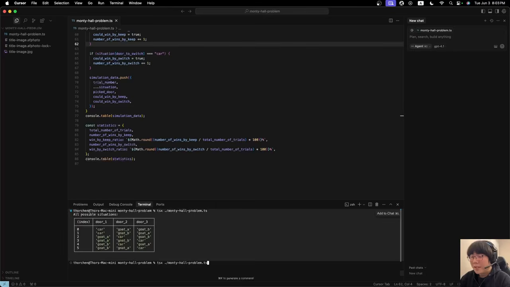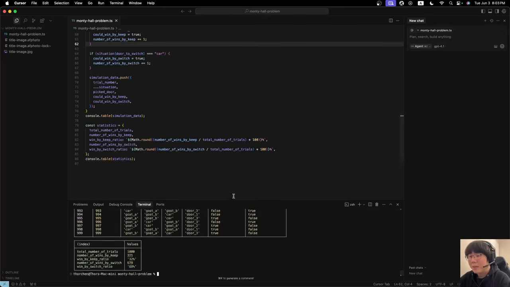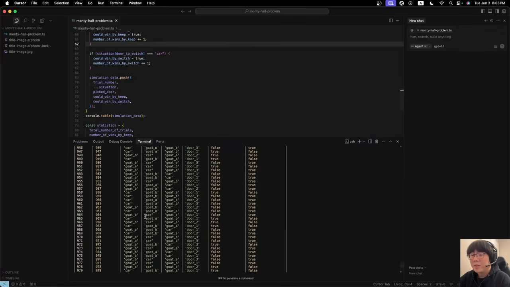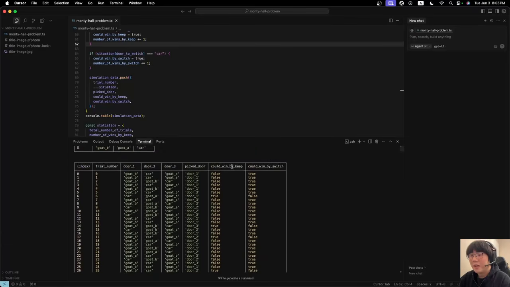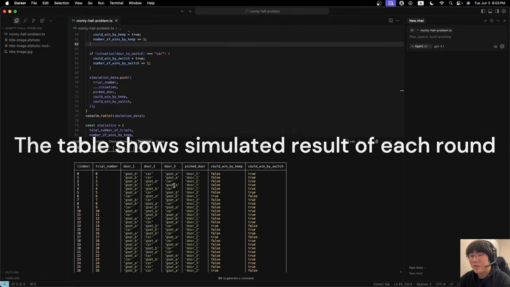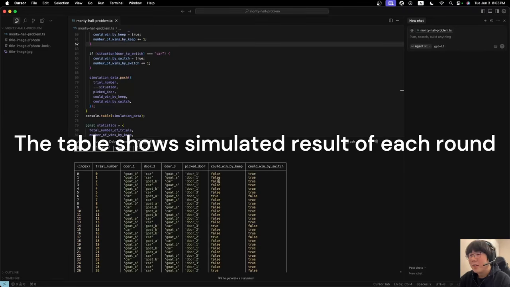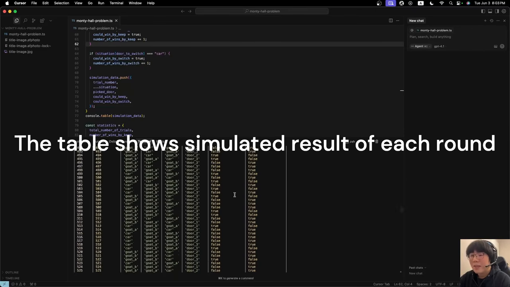So let's run it and see what happens. It gives us a giant table that tracks the situation, the trial number, our initial picks, and whether we could win by keep or by switch.